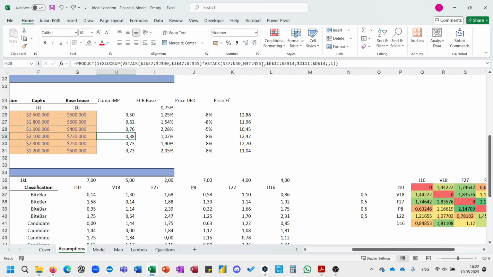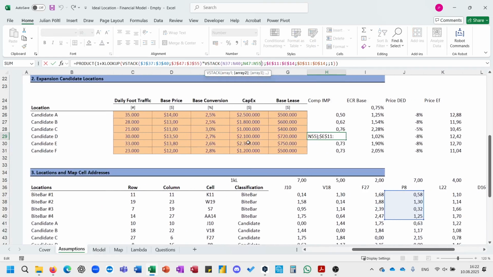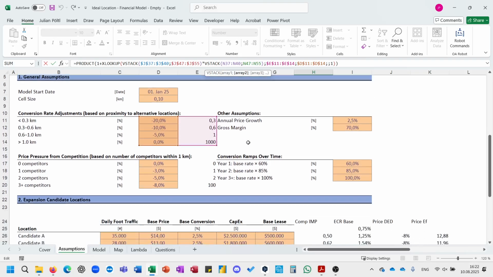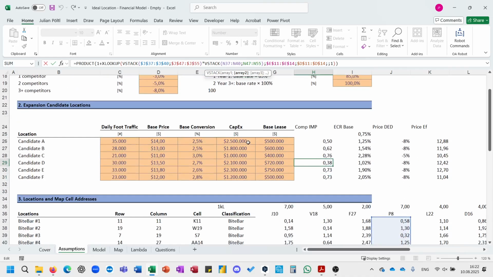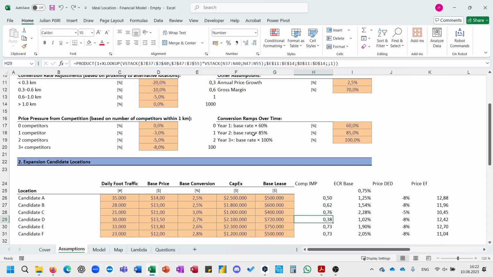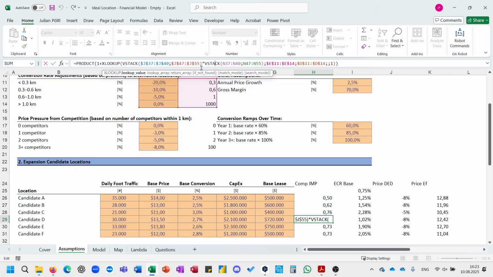Okay, 3.8. Because the impact is then 1 plus, but the impact then should be lower if we multiply this. So 3.8. Oh, no, no, no. Yes, I need to adjust it at the end.